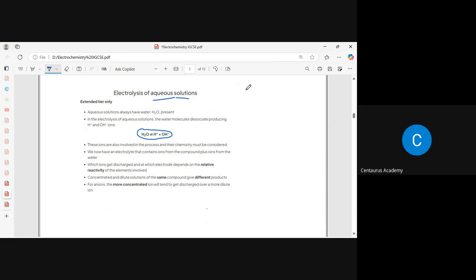For instance, for cations, supposing you have hydrogen ions present in an aqueous solution of sodium chloride, NaCl aqueous. This means that it has sodium ions as well, and it also has hydrogen ions. Okay, so what will happen? If you look into the reactivity series of the elements, hydrogen comes down in the reactivity, which means that hydrogen is less reactive as compared to sodium.